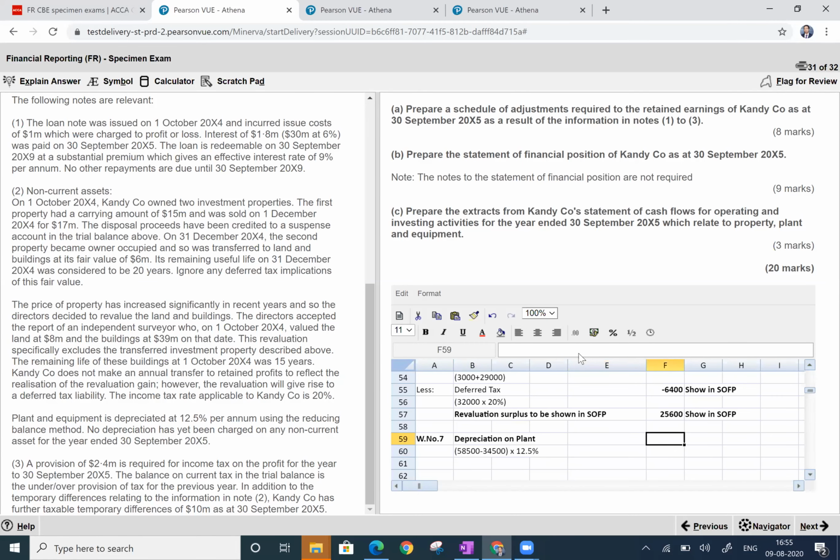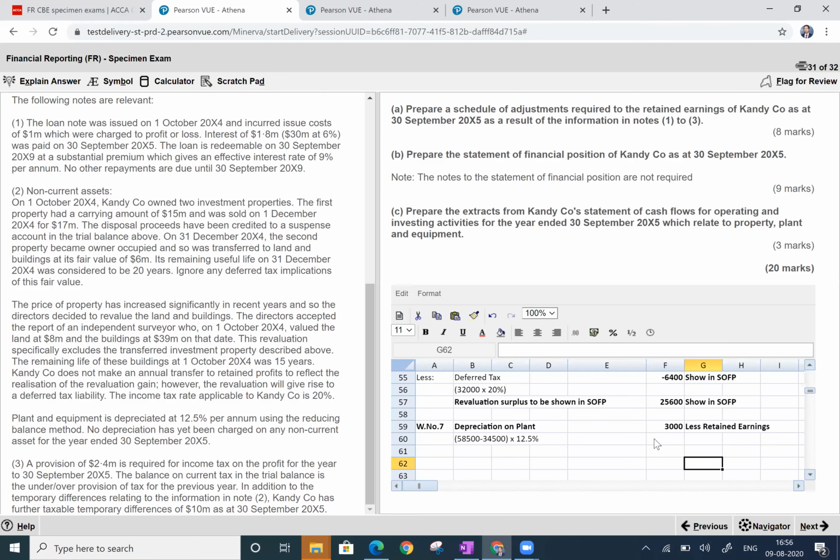So depreciation on plant is equal to 58,500 minus 34,500 multiplied by 12.5%. Less retained earnings. Clear? 3,000. Now what's the next one?